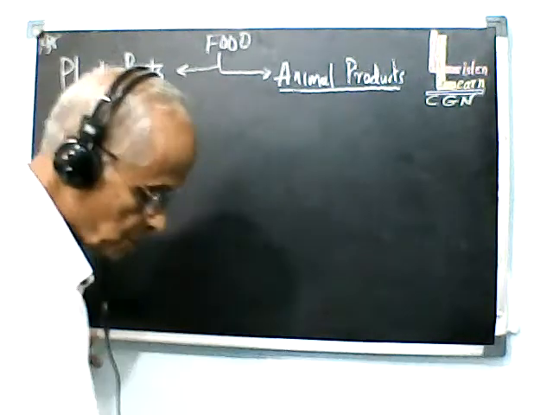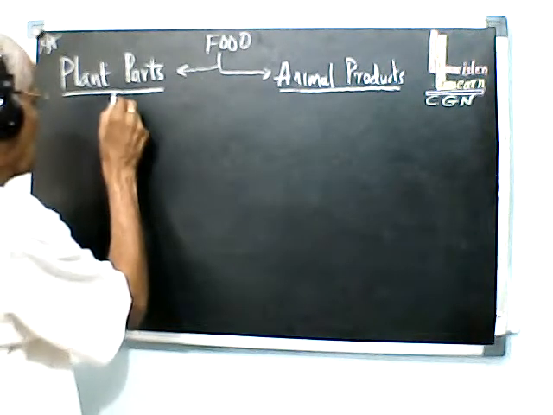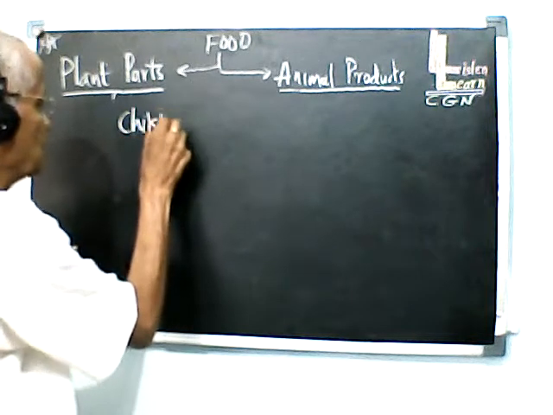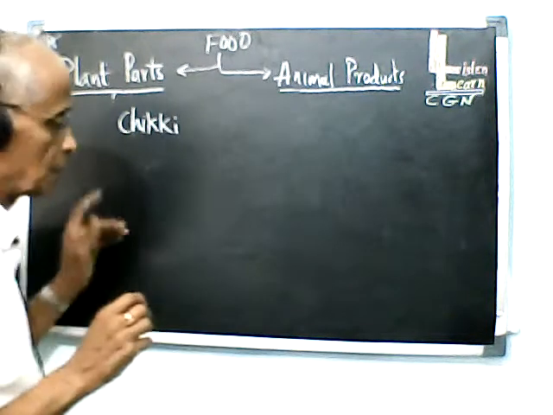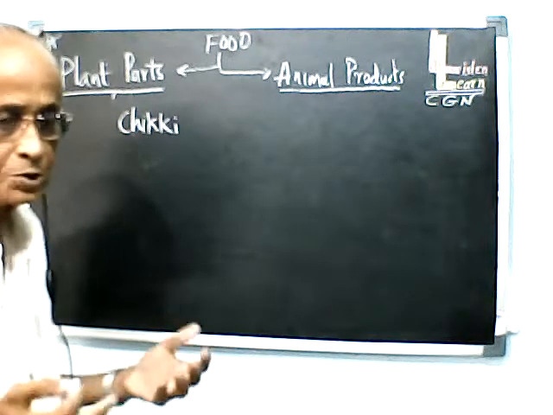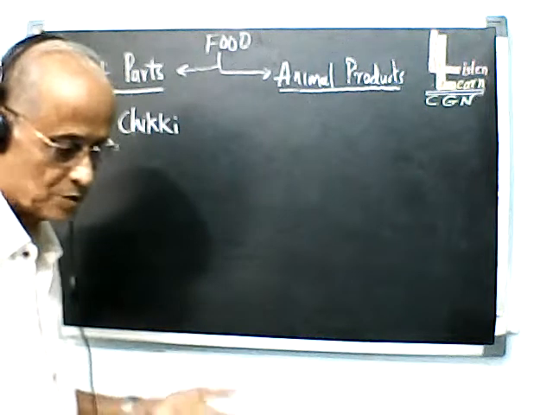Now let us take one example of a food item called chickpea. You know all these things, right? Chickpea. Now can you tell me what are the ingredients in chickpea? Okay, I will answer myself.